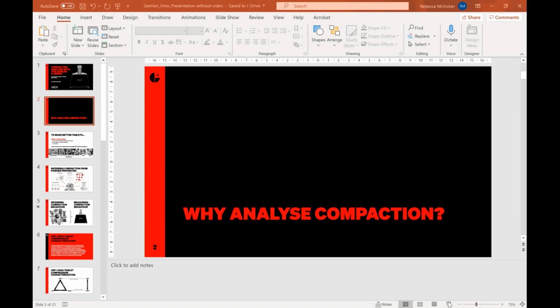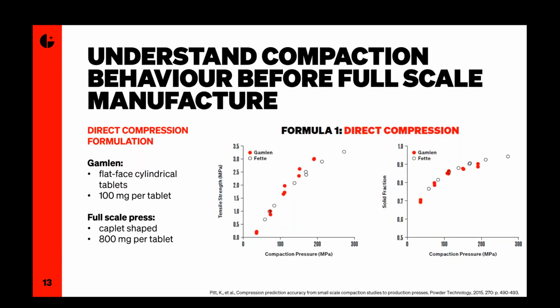A question I get a lot with compaction analysis using our system is, if the tablets that we make don't match the size and shape of the tablets in production, and obviously our machine works at a much slower pace compared to the full-scale press, then how can we show that the data we're generating is still representative of what's going to happen in full scale?